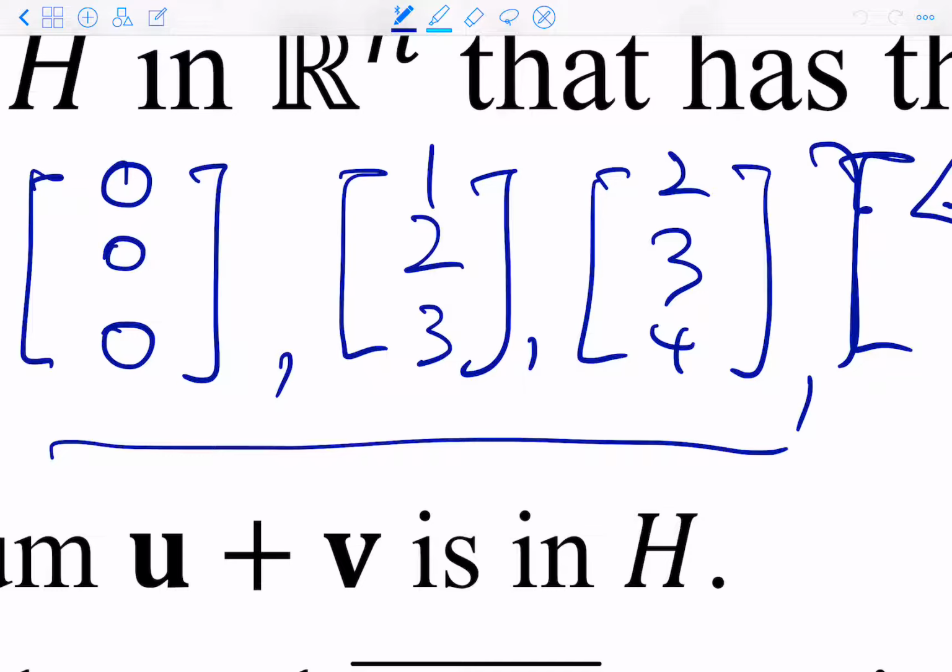So that will only end at the span of, for example, these 2 vectors, right? Any other vectors that are not in the span of these 2 vectors will not be included in this set, even after we grow this set infinitely.